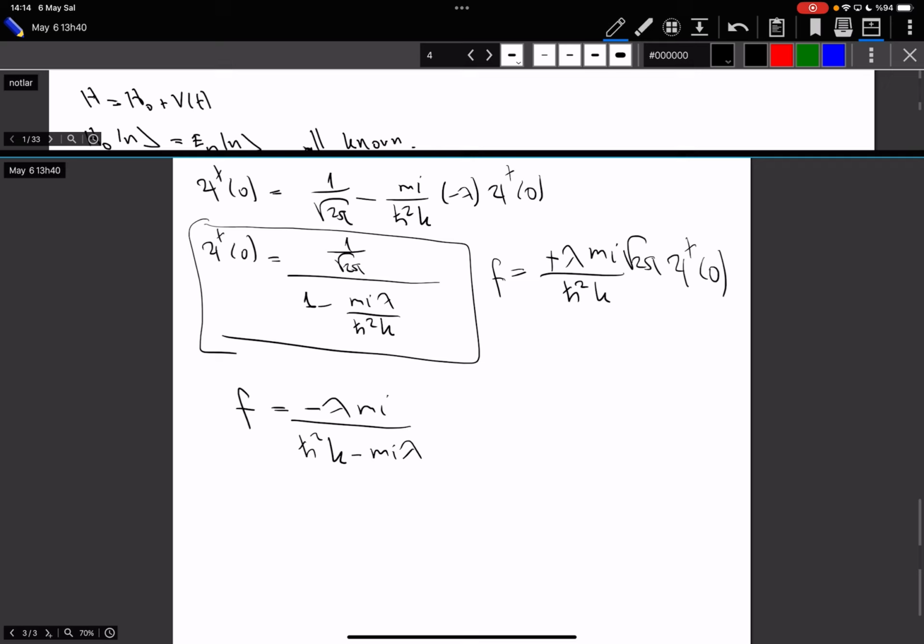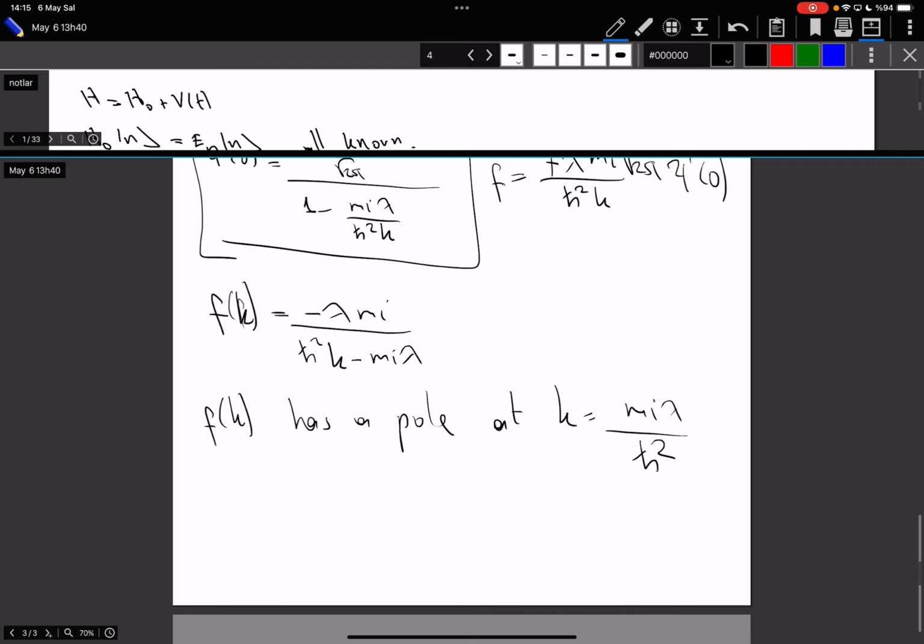Well, that tells me that I have a pole, as a function of k, at k equal to m i lambda over h bar squared. Corresponding energy: remember, the energy of this particle is h bar squared k squared over 2m.